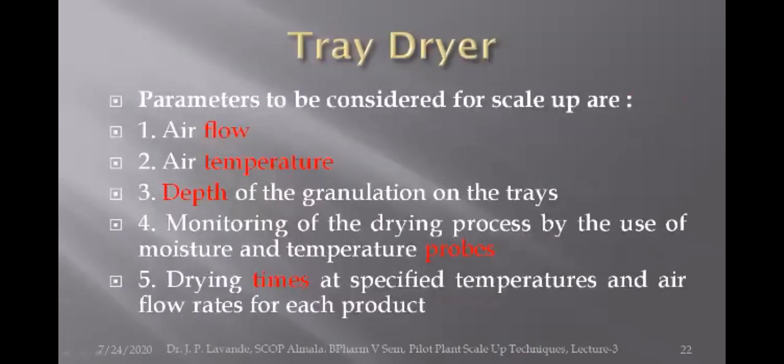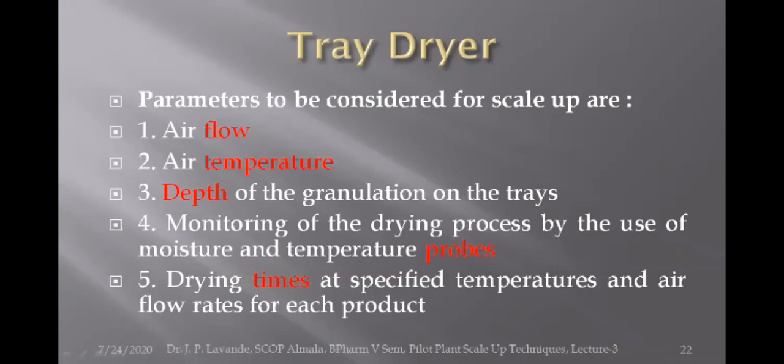When we are using the tray dryer, the following parameters need to be considered during the process of scaling up, depending on the product, the material, the equipment, and the requirement. What are these parameters?